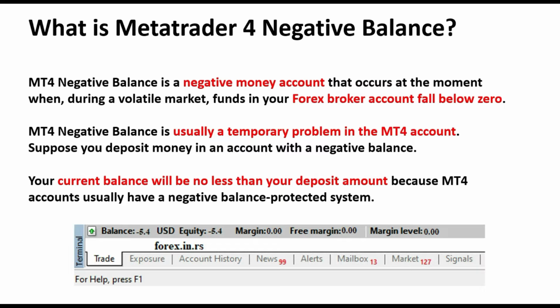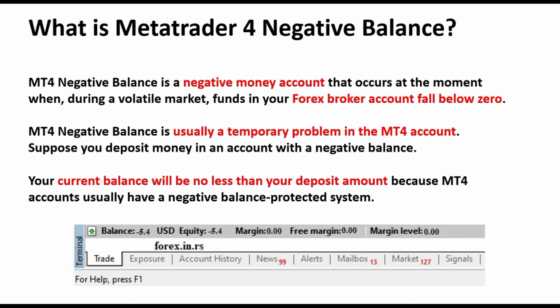The second option is you create a lot of small trades and you don't close them, with no stop loss or a very wide stop loss, and the market is going against you every single day. You go to the margin, your drawdown is huge, and in one moment, in a strong volatile market, your trade is not closed on the stop loss that it should be, and your account goes negative.